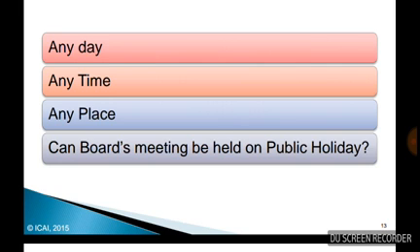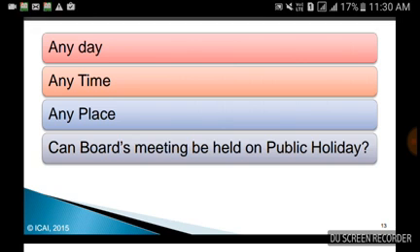So, can board meetings be held on a public holiday? If a board meeting was conducted on a public holiday and the meeting was adjourned due to want of quorum, that adjourned meeting should not be held on a public holiday.